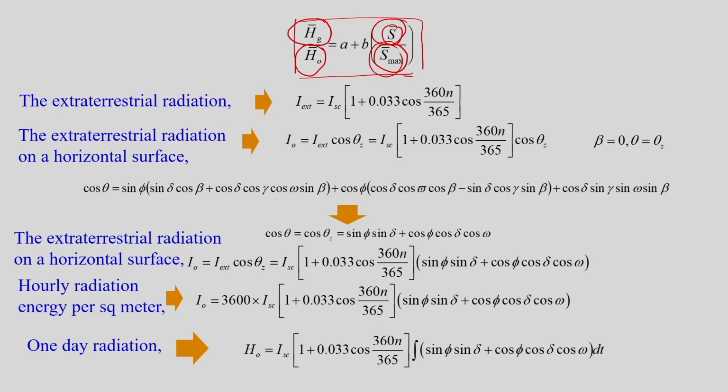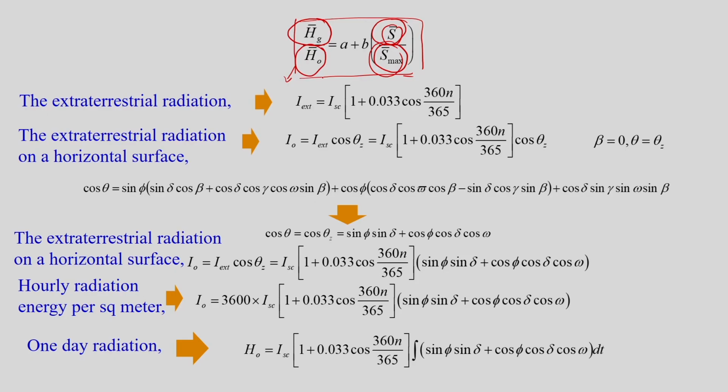Now, let us see the procedure of how this H naught bar can be calculated or estimated. This H naught bar is for a representative day. Okay. So, as we are aware, H naught is the radiation in the extraterrestrial region.